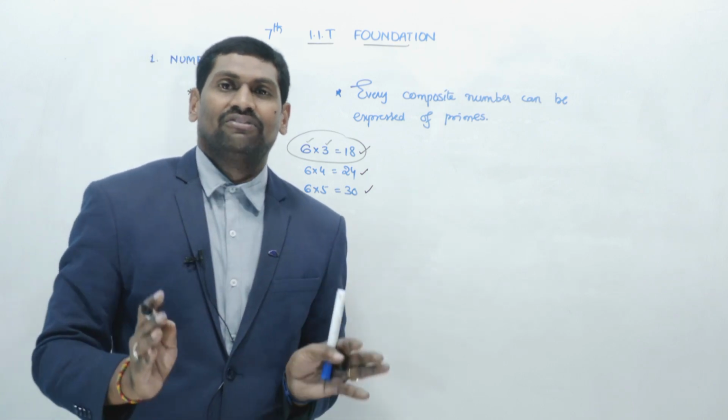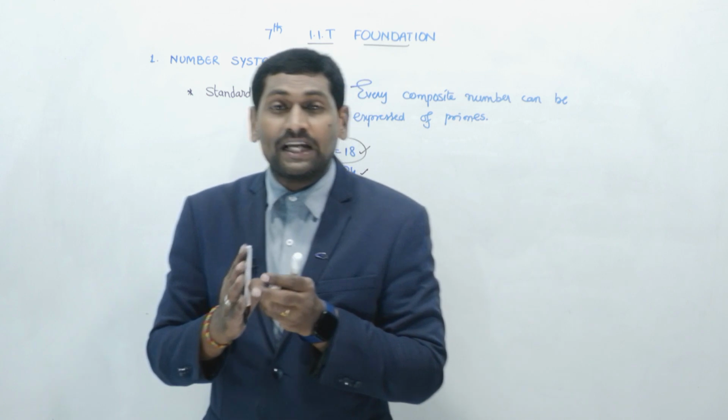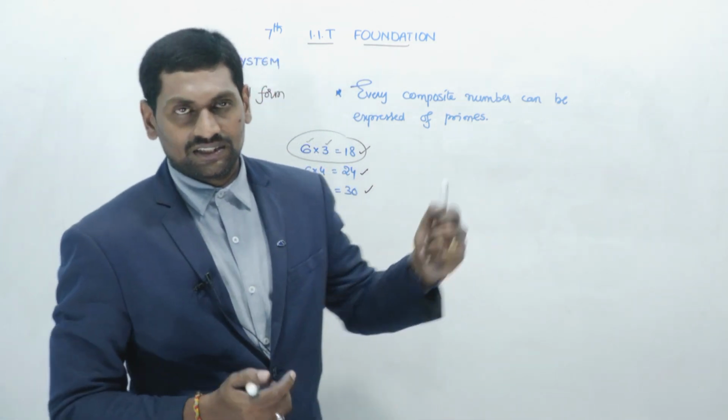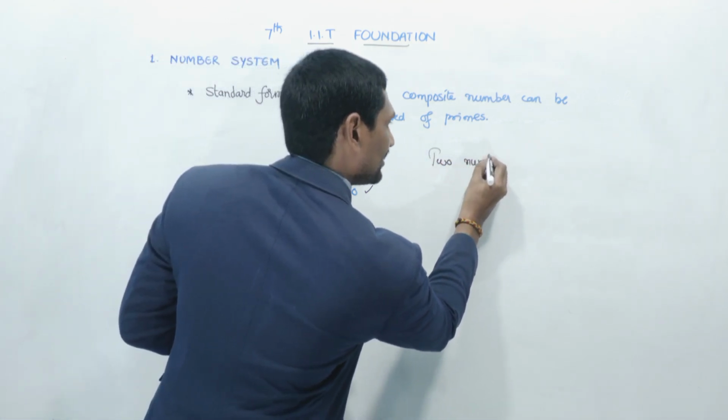So the definition of a factor: when two numbers multiply each other, each of the numbers is a factor of the product.